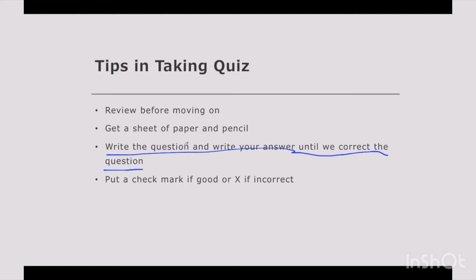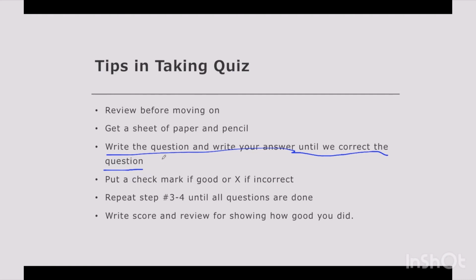All you want to know is that you tried your best and just tried to guess. You can guess, but you can't just go with your guess. You have to show your work. So we repeat these two steps until all questions are done. And then you write the score and you review how well you did.